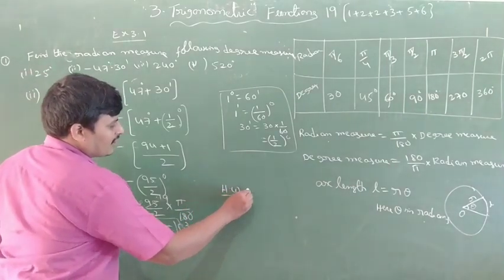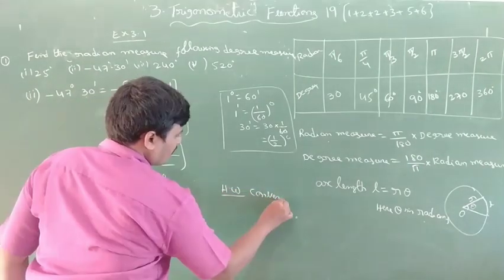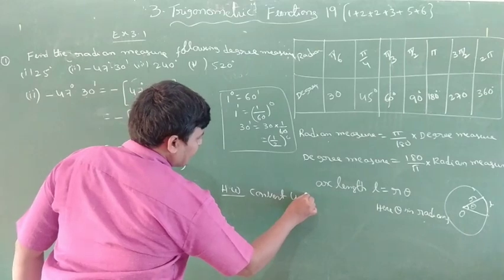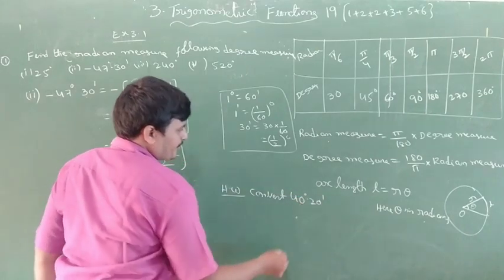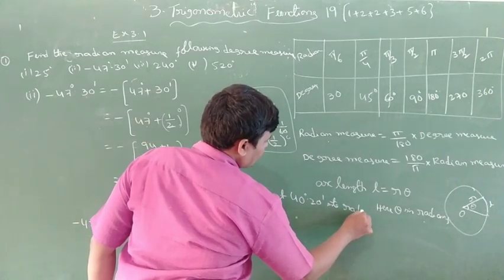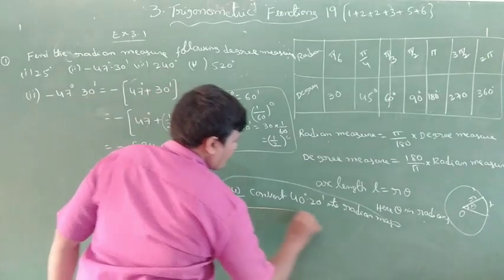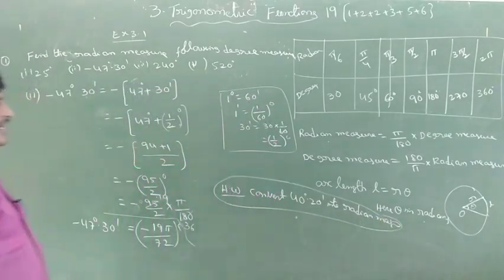We will try one of the homework ones. Convert 40 degrees 20 minutes into radian measure. Convert 40 degrees 20 minutes into radian measure.